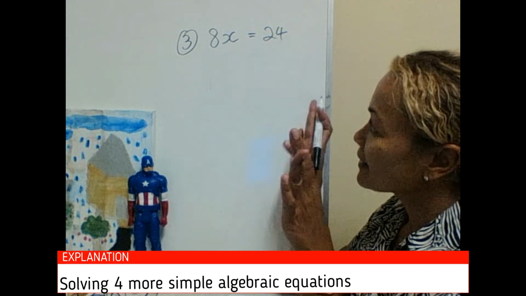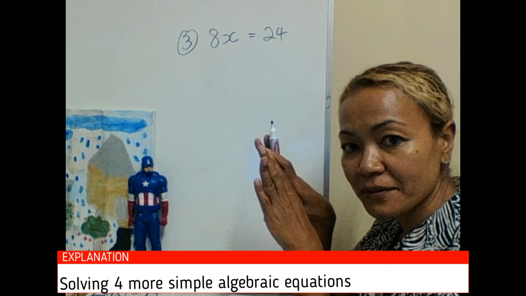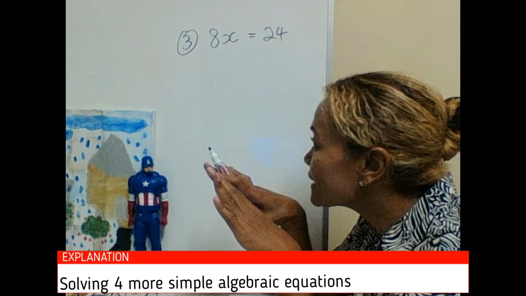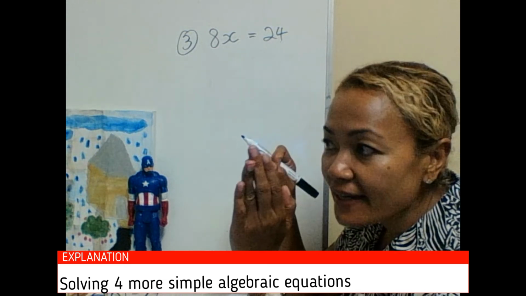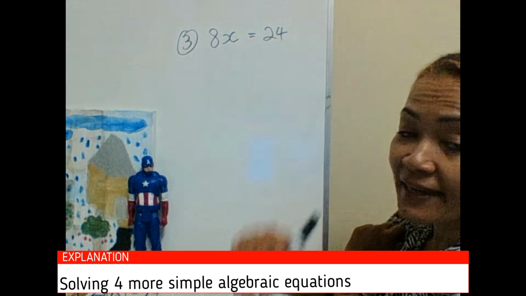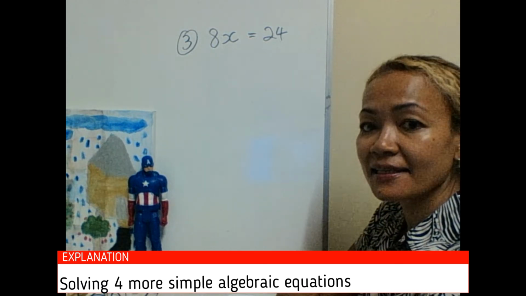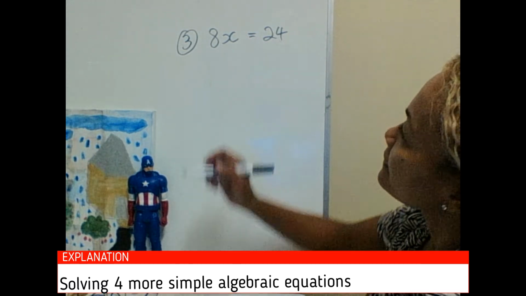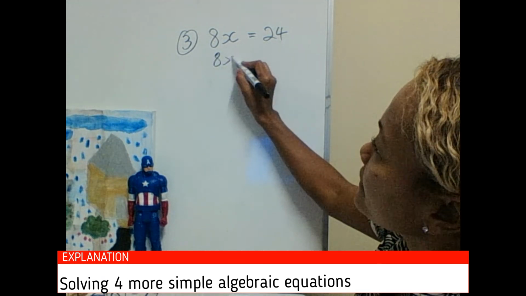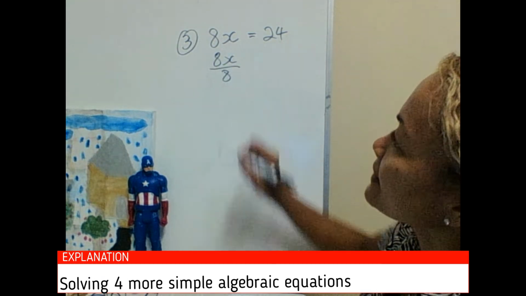So 8 right up next to a variable. If it said 8a or 8b, then that would be 8 times a or 8 times b. So here 8x is the same as 8 times x. Okay. To simplify it, I will divide both sides by 8.